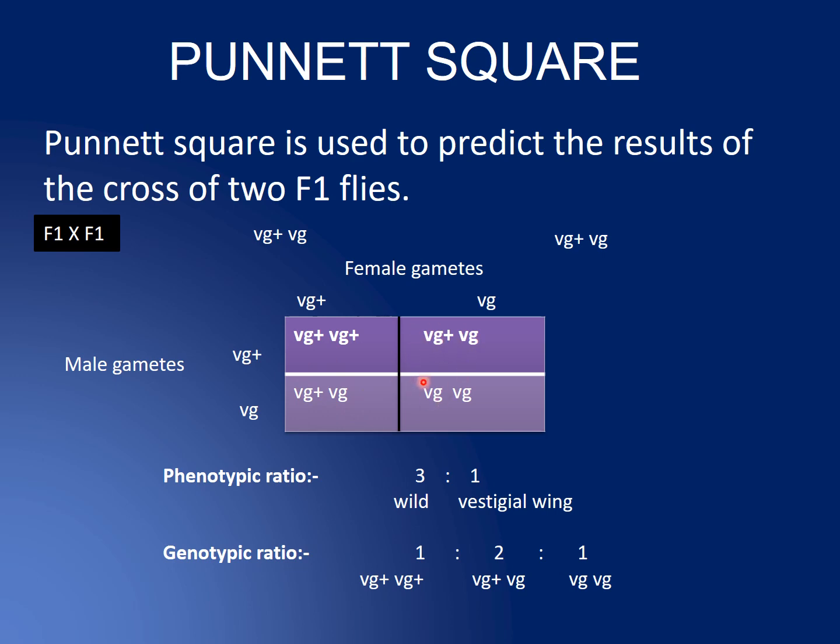A phenotypic ratio of 3 flies with wild type wings to 1 fly with vestigial wing is clear, while the genotypic ratio represents the result of a cross according to the relative number of the progeny in each genotypic category. That is, 1 homozygous wild type to 2 heterozygous wild type to 1 vestigial wing.